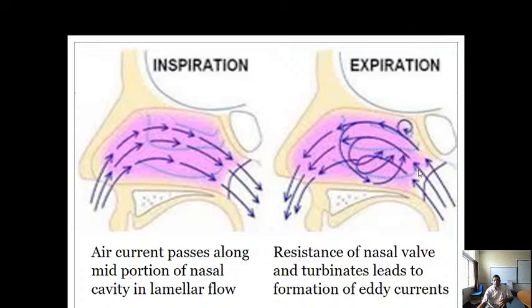They also to some extent obstruct the clean outflow of the nasal air, and in the anterior part of the nasal cavity you will see a constricted area, which is the narrowest part of the nasal cavity. This is the area which is called the nasal valve.